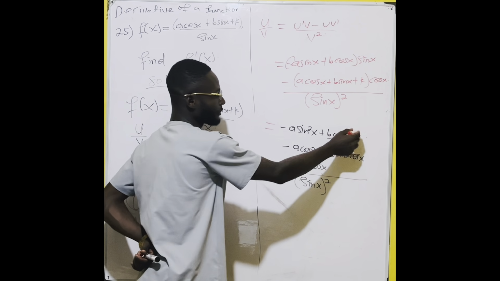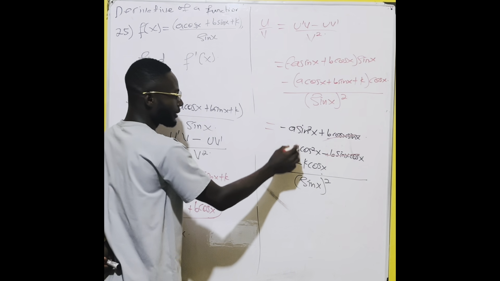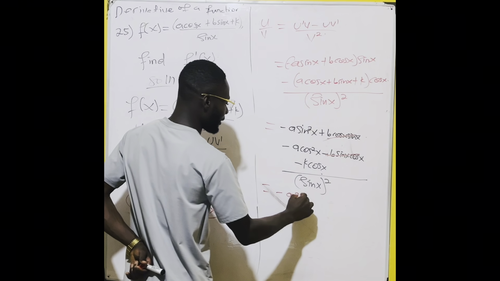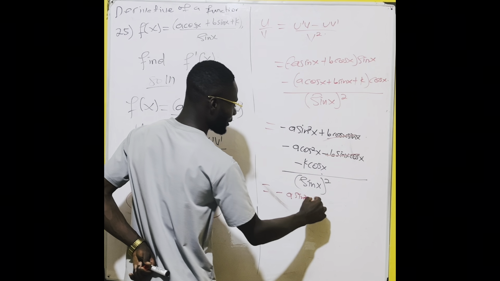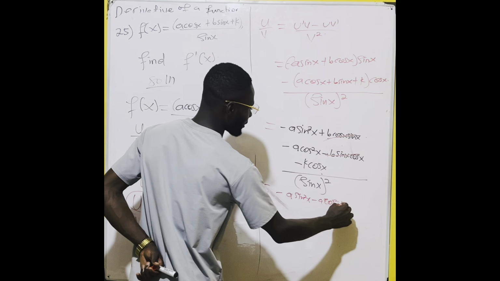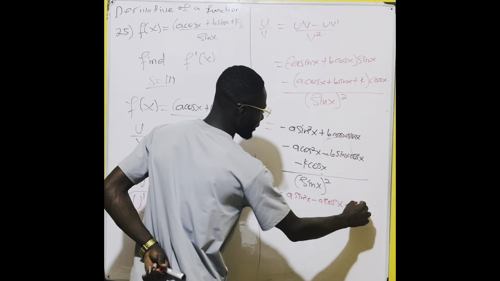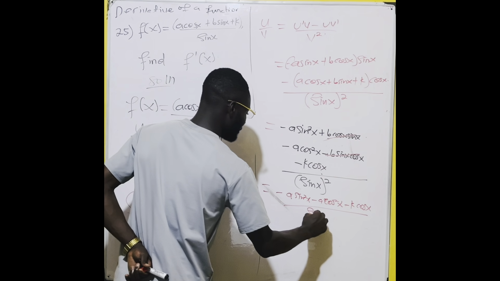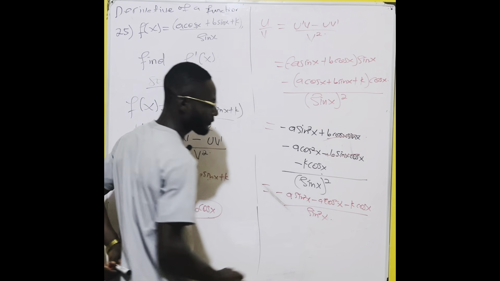So this cancels this. And then we have negative a sine squared x, negative a cos squared x, minus k cos x, divided by sine squared x, right?